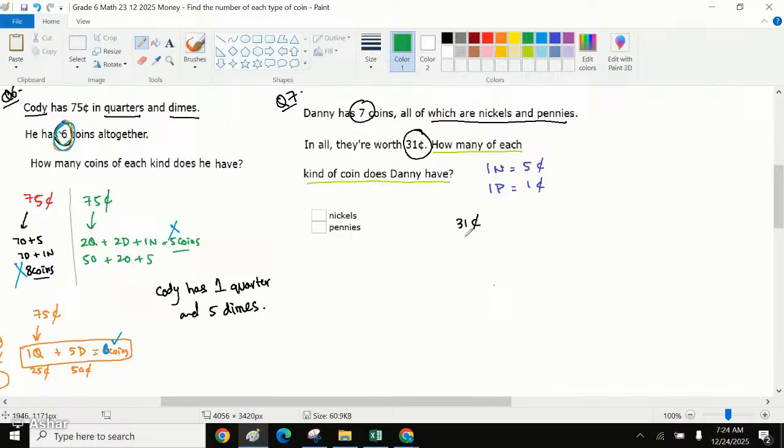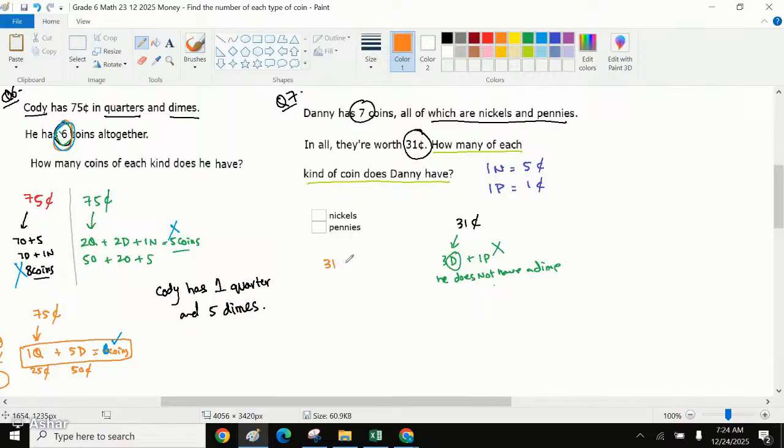Can I say 3 dimes plus 1 penny? But we cannot use that, he does not have a dime, right? So we cannot look at this possibility because there are no dimes.